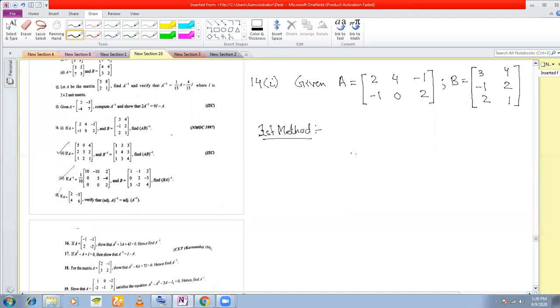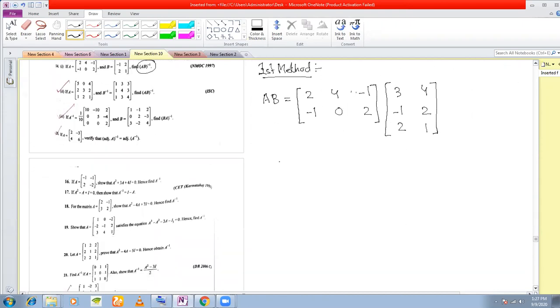You have to find out AB inverse, so first find out the product AB: 2 4 minus 1, minus 1 0 2, times 3 minus 1 2, 4 2 1. Find out this product.